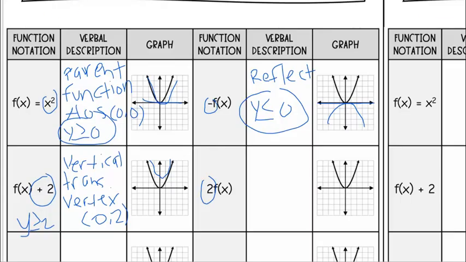This is called a vertical compression, by a factor of 2 because 2 is here. And then when you put it on the graph here, it's going to be skinny. Put the dots here like that. It actually goes down to this and then goes that way.